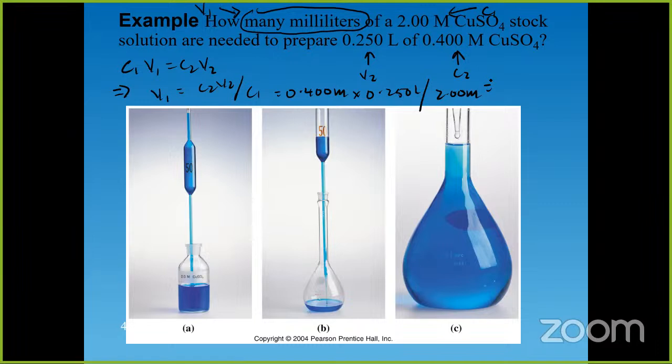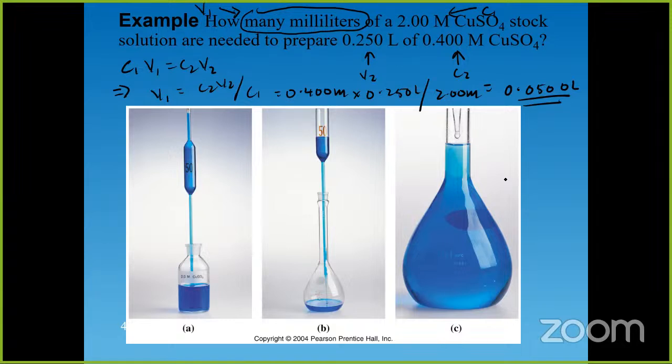So 0.4 times 0.25, and then we divide that by 2. And the answer here would be 0.0500 liters. And that's basically how that is done.